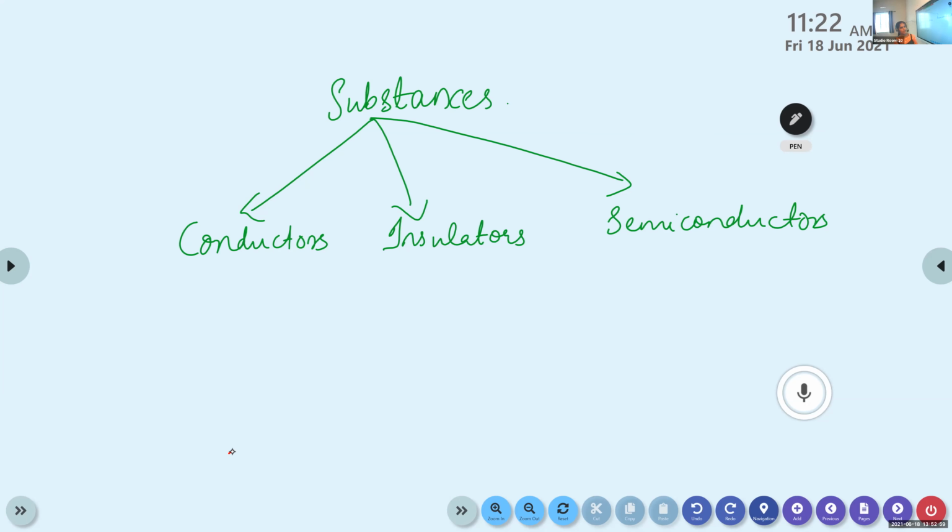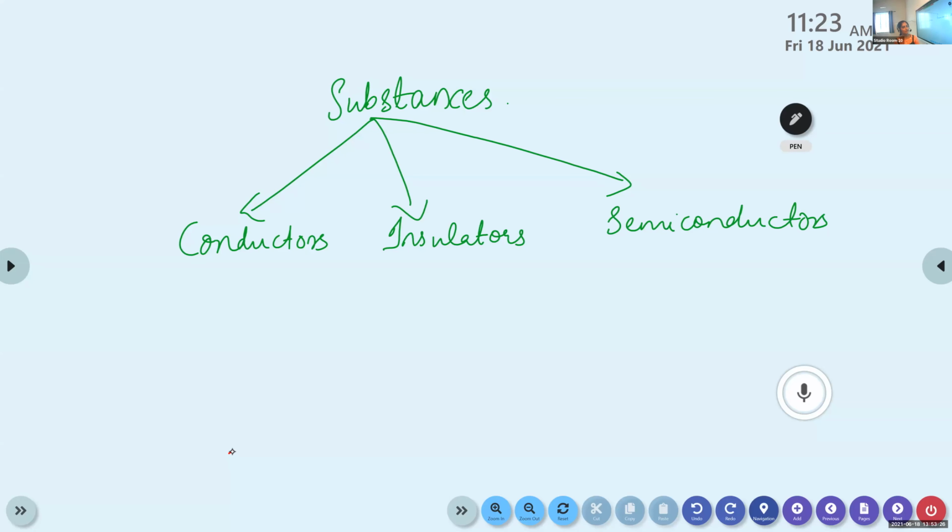In insulators, the bands are far apart, with a large gap, so it is very difficult for electrons to move. In semiconductors, there is a small gap, so some electrons move, and when we increase the temperature, more electrons jump to the conduction band.